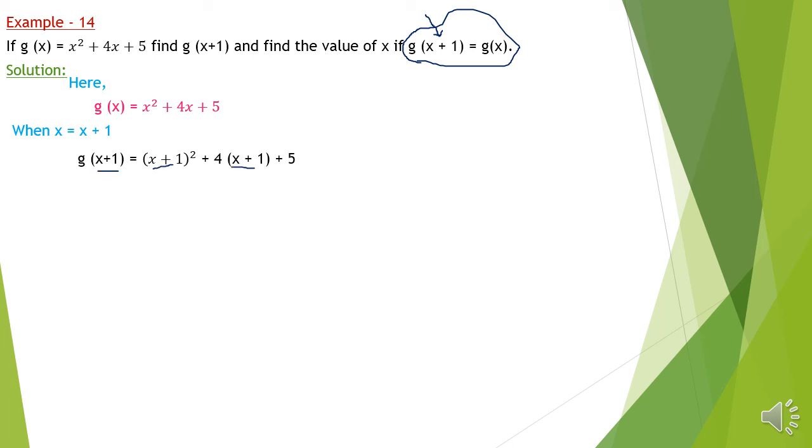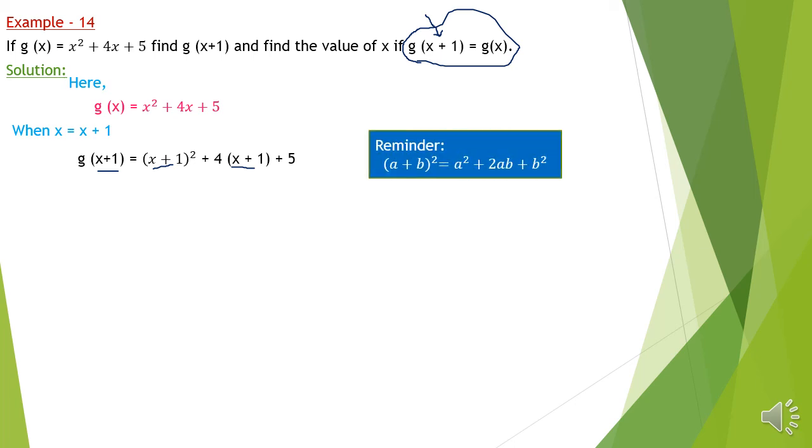Now we have to remember the formula of (a + b) whole square. Now remember, there is a reminder, (a + b)² is a² + 2ab + b². We have to expand this (x + 1)², which is x² + 2x + 1. Isn't it?